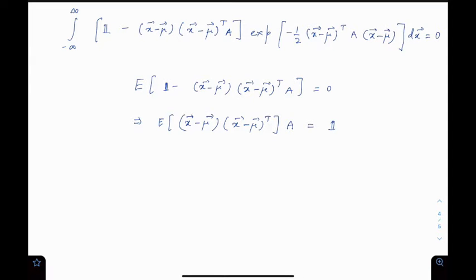But this expectation is nothing but the definition of the covariance matrix, which we denote by V. So this relation basically says that V times A should be identity, or in other words, A is nothing but the inverse of the covariance matrix.